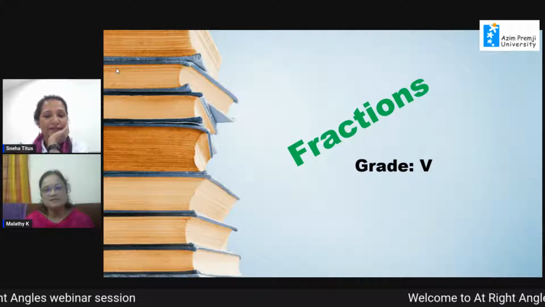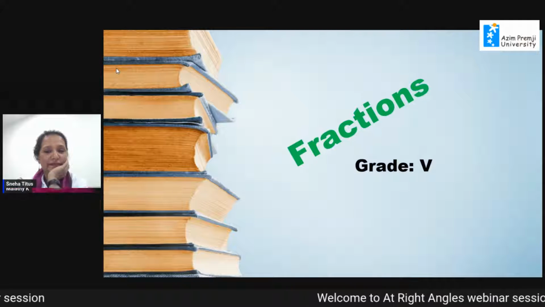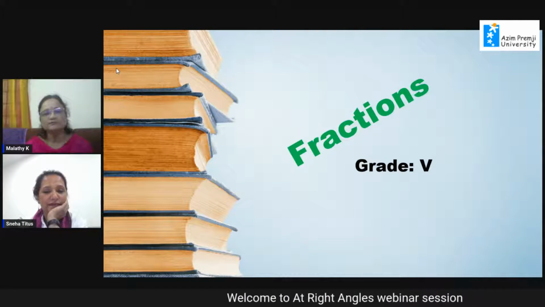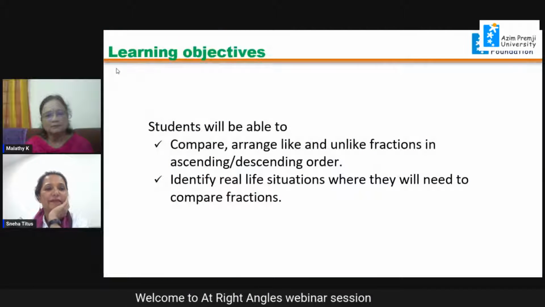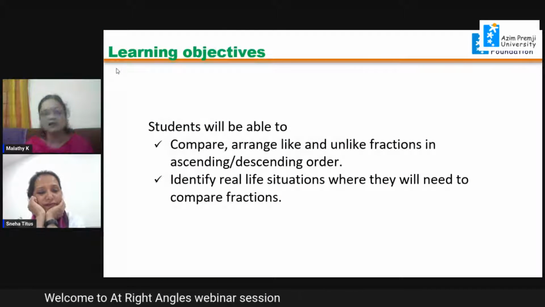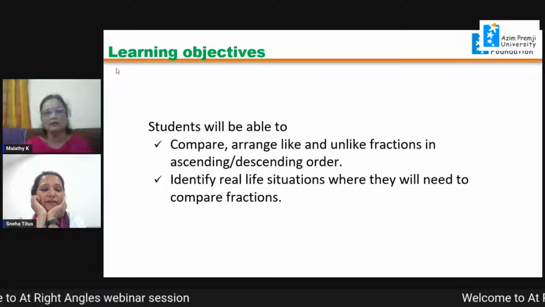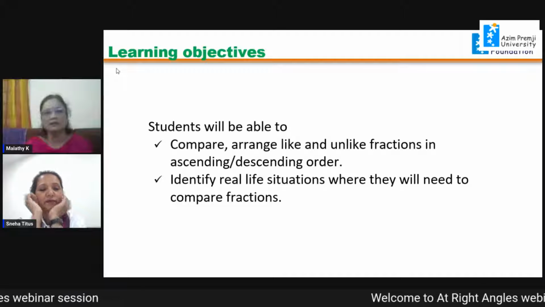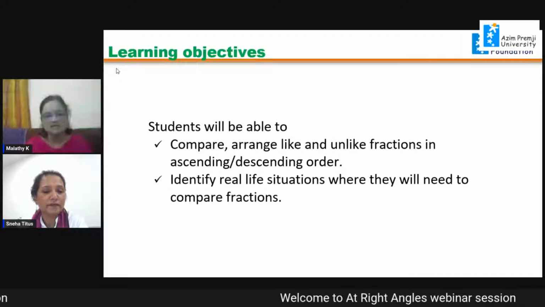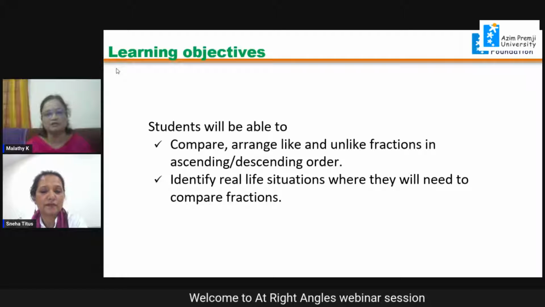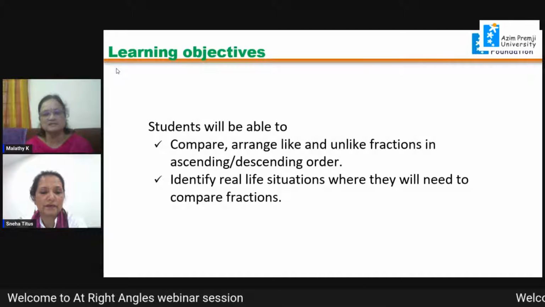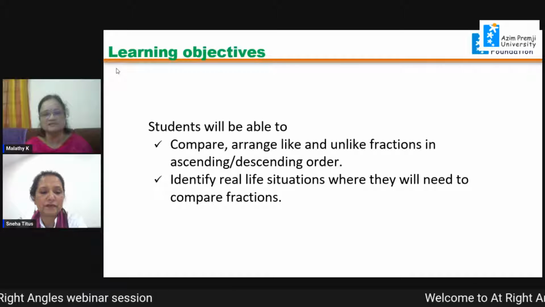This is regarding fractions for grade 5, especially when comparing fractions. We have the learning objectives as: compare and arrange like and unlike fractions in ascending or descending order, and identify the real-life situations where they have to use the same.